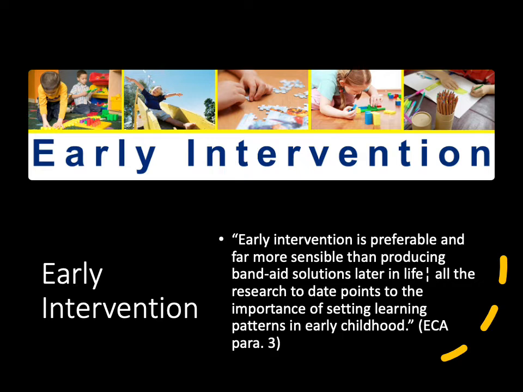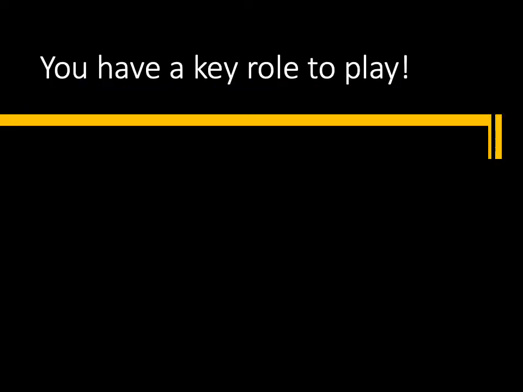It's far more appropriate to intervene at a 3 or 4 year old level than at a 10, 11 or 15-year-old level. The research tells us that it has an incrementally far greater impact on their development, and it means that they're able to succeed and achieve and reach the goals that they need to.